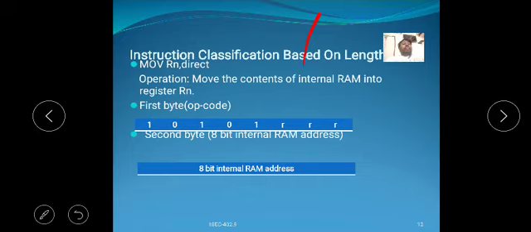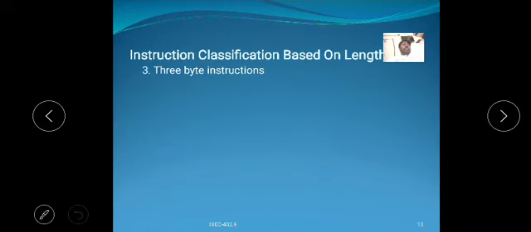The first byte opcode is 100101RRR. The second byte is the 8-bit internal RAM address. This is the 2 byte instruction.